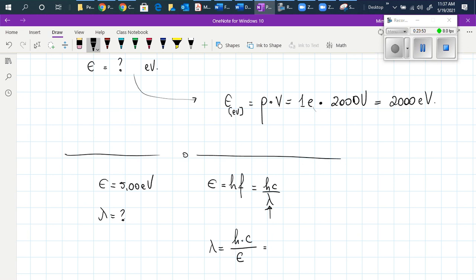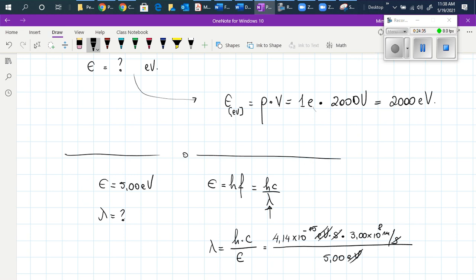Since the energy is given in electron volts, instead of converting the energy into joules, we use the Planck's constant that has those units, electron volts times seconds. So 4.14 times 10 to the power of negative 15 electron volts times seconds times 3.0 times 10 to the power of 8 meters per second, over the energy, which is 5 electron volts.